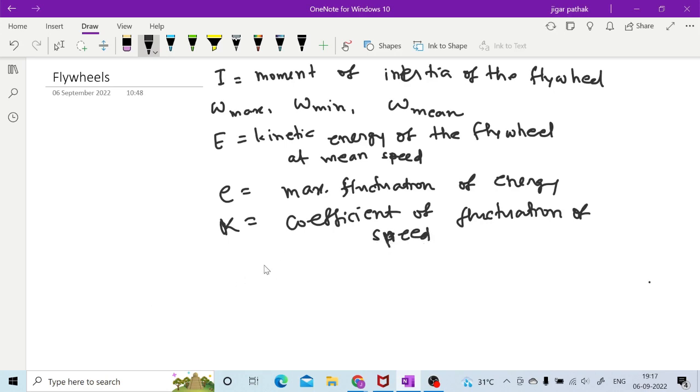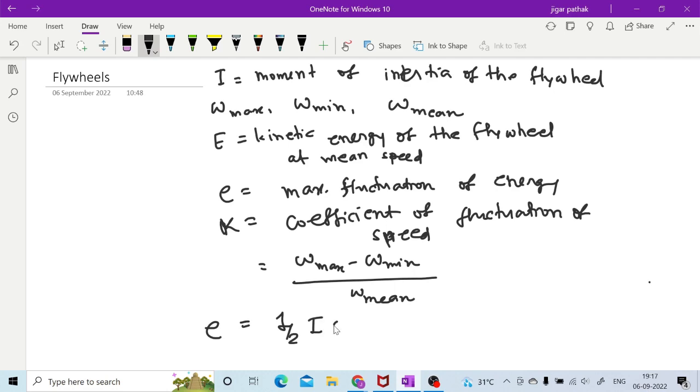Now, as we have already seen, this is nothing but omega max minus omega minimum divided by omega mean, right? Now if you go for this E, that is maximum fluctuation of energy, then it is 1/2 I omega max square minus 1/2 I omega minimum square, right?